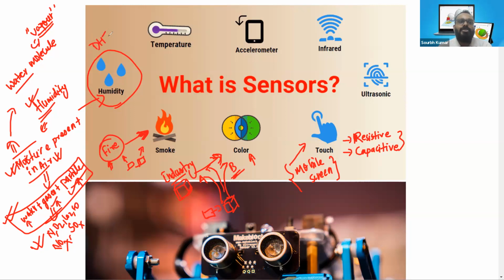So for humidity, we do have one sensor, which I will show you in the slide below, and the name of that is DHT11. So DHT11 is one of the sensors through which we can detect the presence of humidity. And why is this important, why are we discussing humidity in detail? Because we are not limiting our students to words like sustainable development, we will save our environment, we'll do this stuff, we will do that stuff.